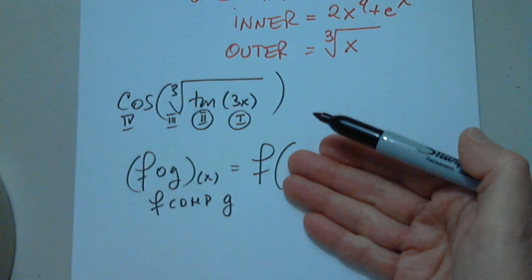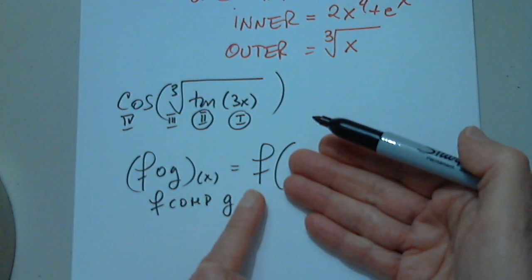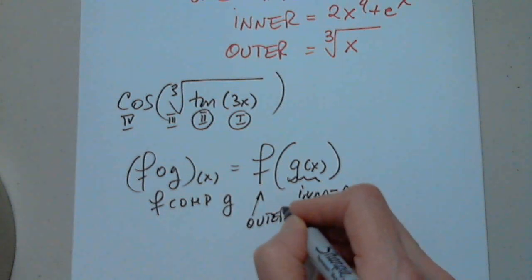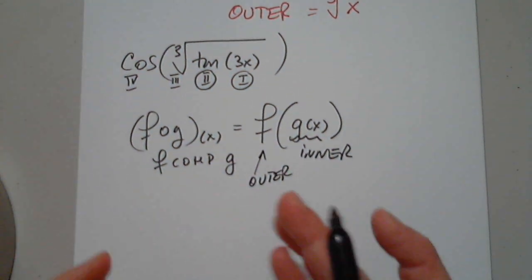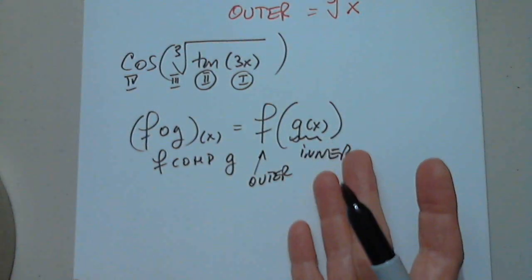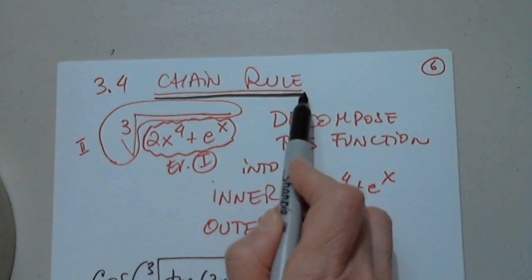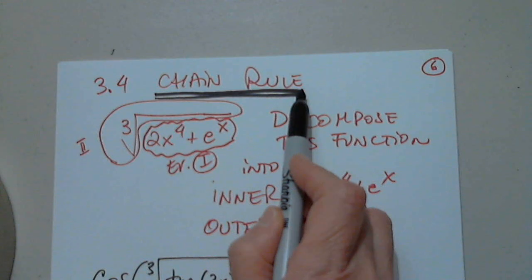And after we are done with this, so we get a number, then we apply this function. So this is the outer. But now the problem is, how do we differentiate? When we have functions of functions, we will use the chain rule.